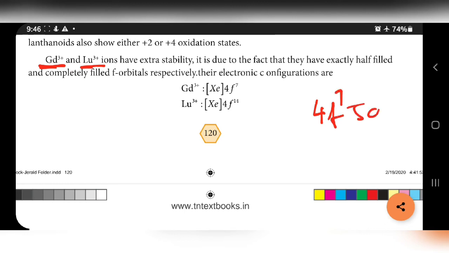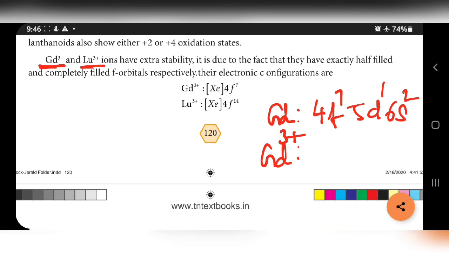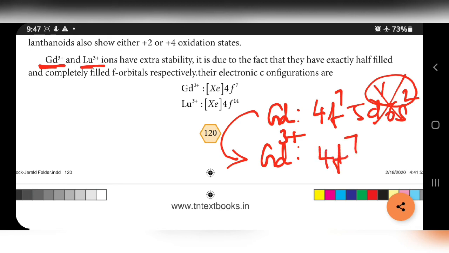For gadolinium 3+, 3+ means 3 electrons are deficient, so 3 electrons should be removed. After removing, it contains only 4f7, that is half filled. So gadolinium 3+ is more stable.